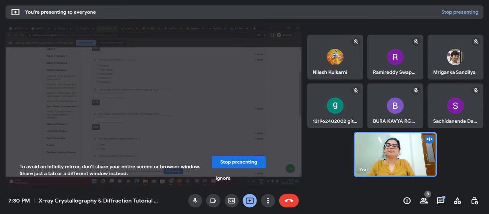In all other systems, other symmetries are there, like two-fold, four-fold, six-fold, but the triclinic system is the only fully asymmetric system. Here they are talking about one axis, so they are talking about the triclinic system. So this point group belongs to the triclinic system.